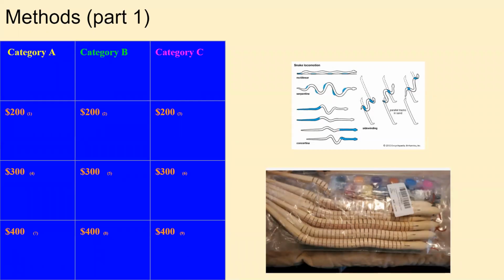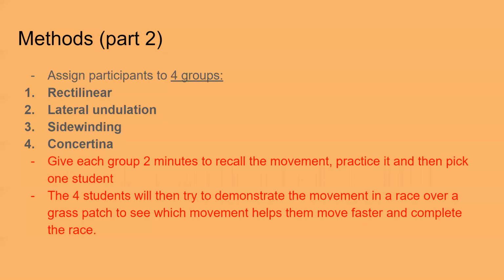There were approximately 9 different questions we asked, such as what are the 4 major types of locomotion, what's the most common type of movement, which movement travels diagonally, and a few more. And these were all just to get their minds thinking and focusing on actual snake movement.